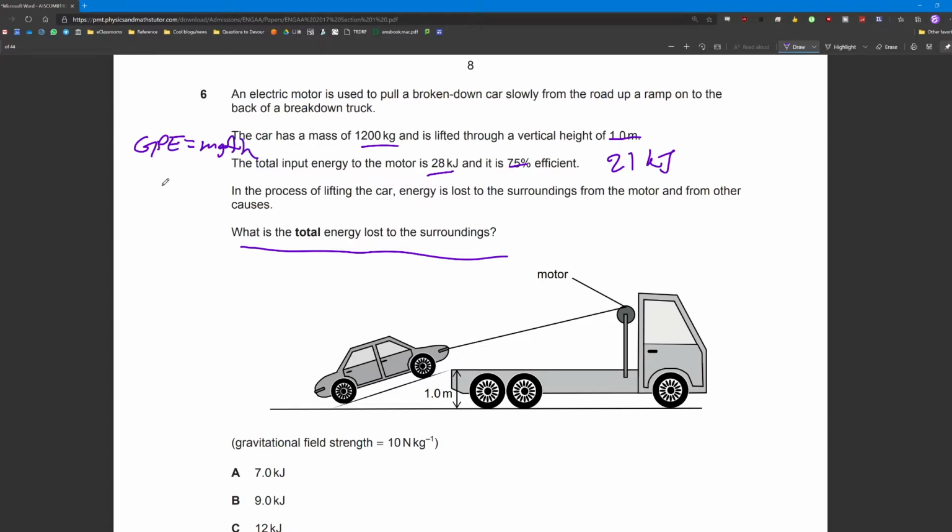This is something you ought to try and do in your head, because it's just 1,200 times 1 times 10, or 12,000, 12 kJ. You know that an amount of work of 12 kJ has been done. So the total energy that has not accomplished any work is 21 minus 12, which is 9 kilojoules.